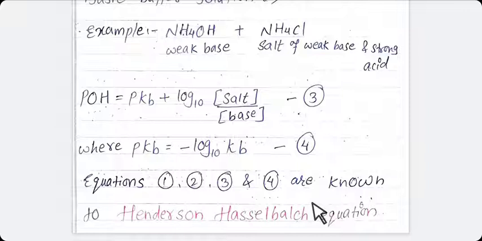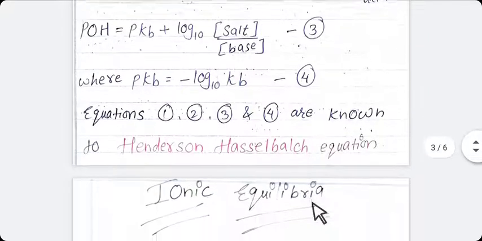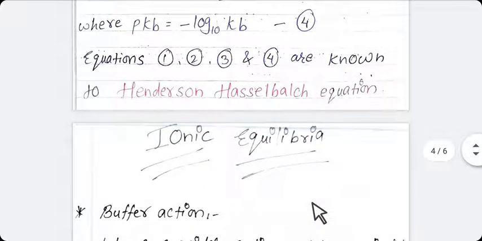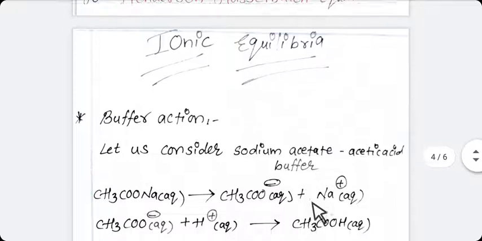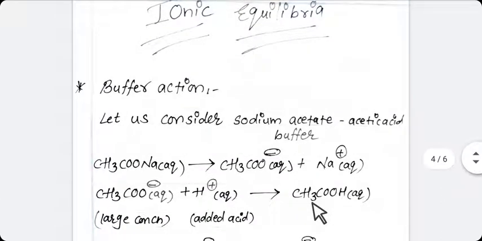Now students, in this topic the next is buffer action.